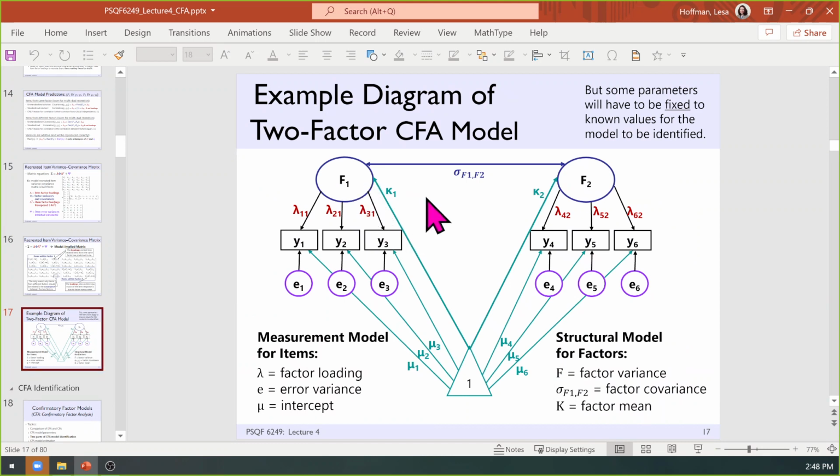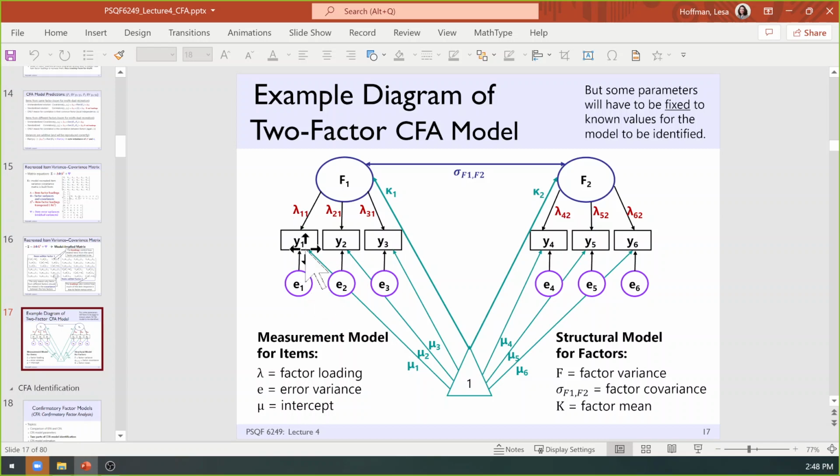Well, another way that we can say y1 and y2 are related would be to let their e's be related. So I could put a two-headed arrow between e1 and e2. And then the model implied covariance for y1 and y2 would be loading from y1 up to the factor, loading back down to y2, plus the relationship between the e's.